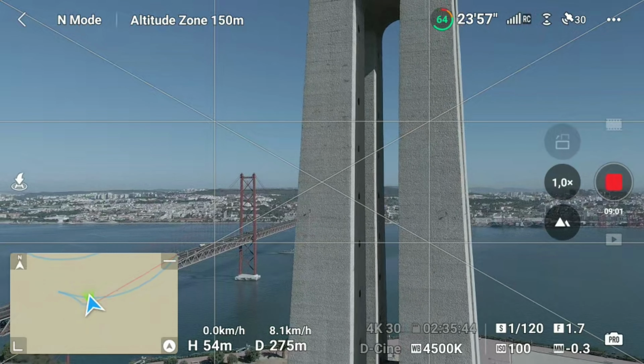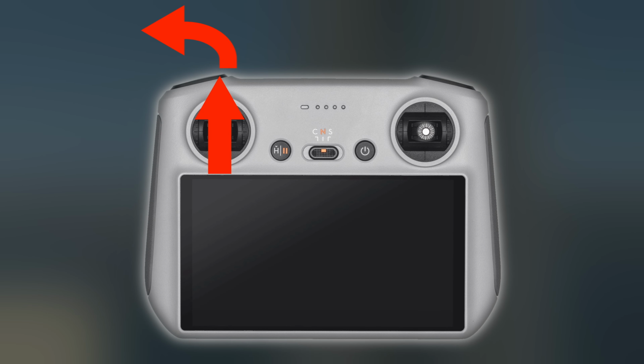For our next move, we are just going to move up and tilt the camera down.